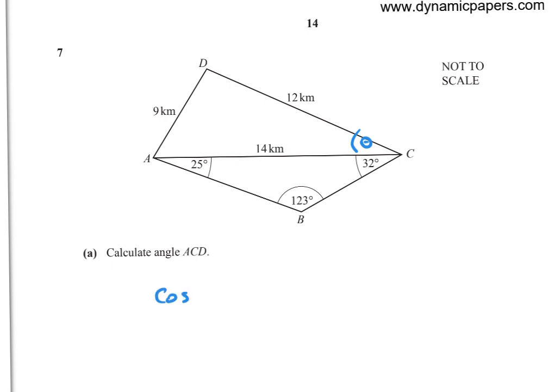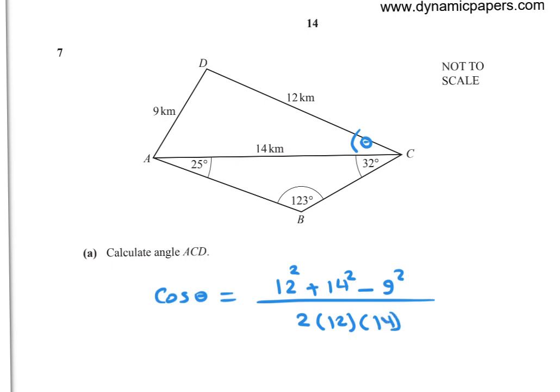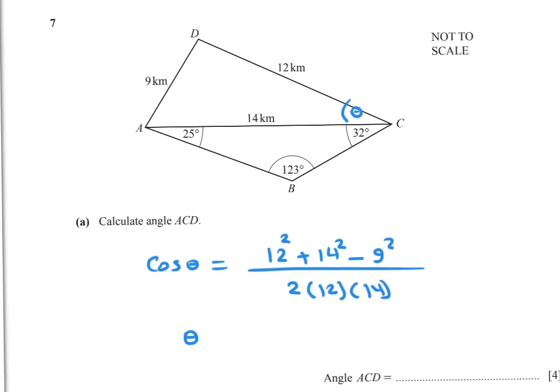So cosine theta equals the adjacent squared, 12 squared plus 14 squared, minus the opposite squared, 9 squared, over 2 times the 2 adjacent sides. Then to find theta, take the cosine inverse of your answer.